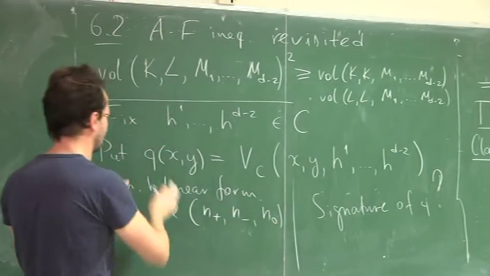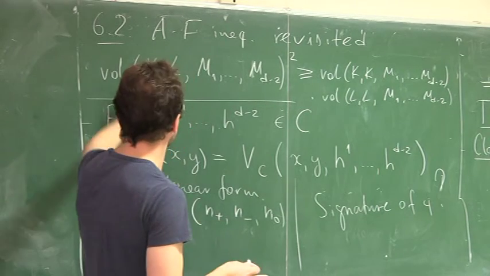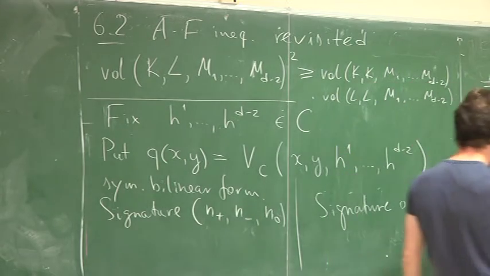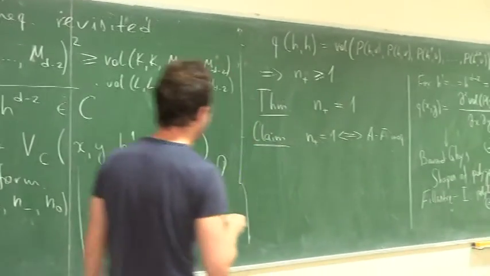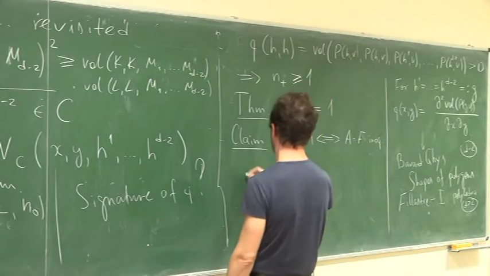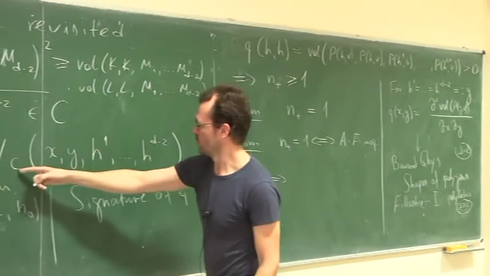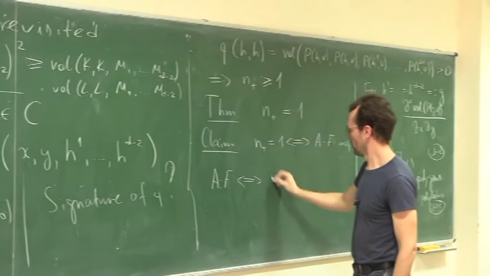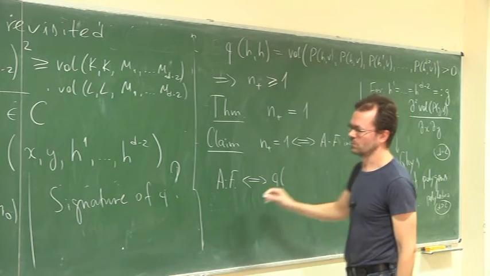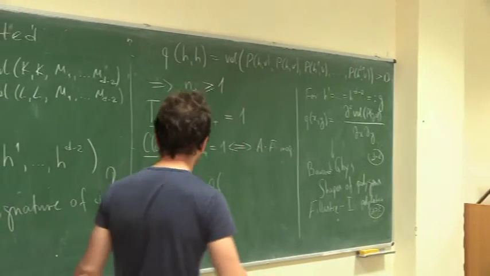That was just to make the point that this quadratic form is not something completely exotic. It has a geometric meaning. Now, why is this inequality equivalent to the statement about the positive index? Let us write the Alexandrov-Fenchel inequality in the new notation. In place of x and y, one should take not just any vectors, but the support vectors of polytopes.